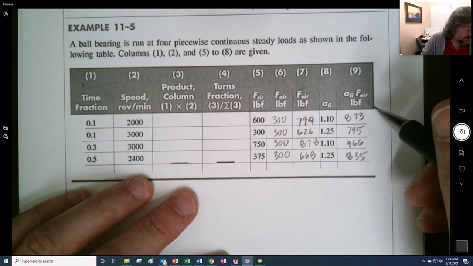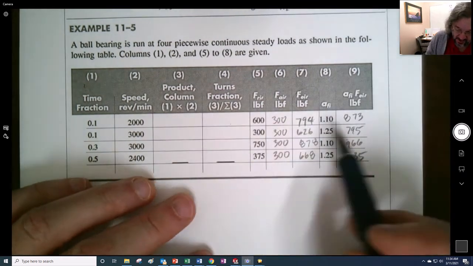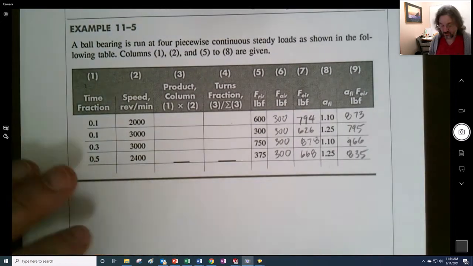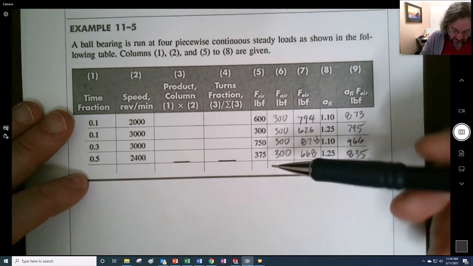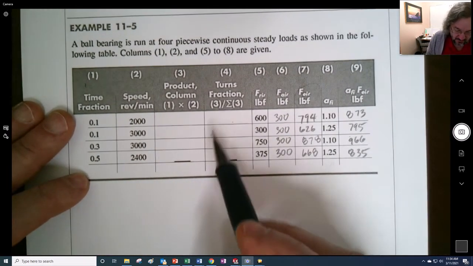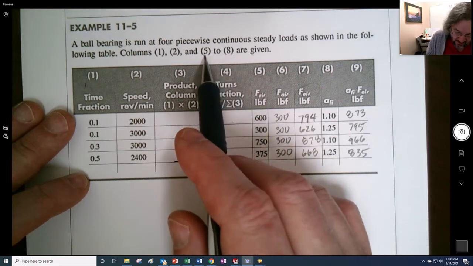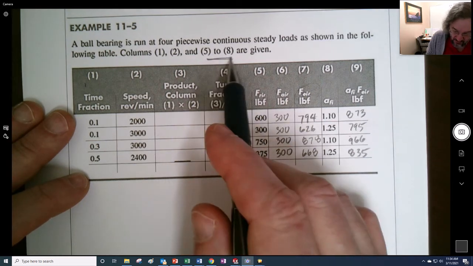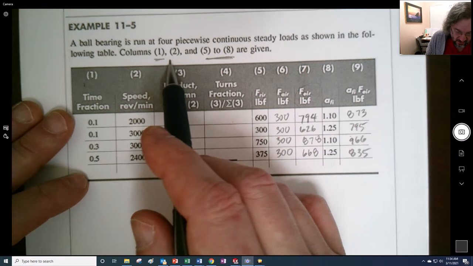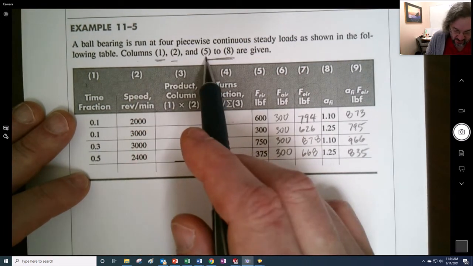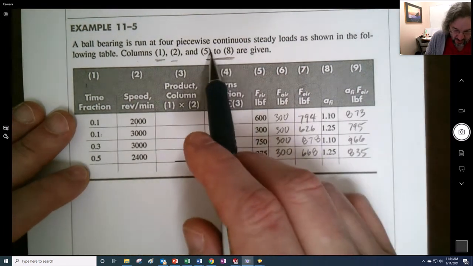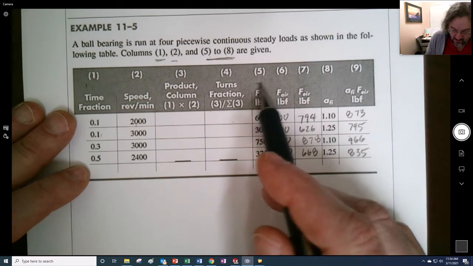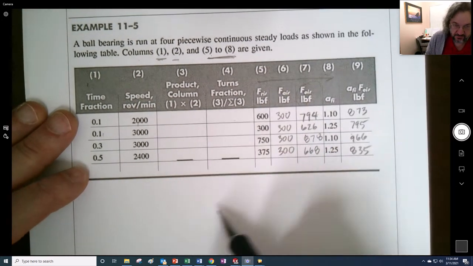Another thing that we would do right here. These are all just us trying to keep track of stuff. They just said 1, 2, 5. So columns 1 and 2 are known, and 5 to 8, all the way through here, are given.